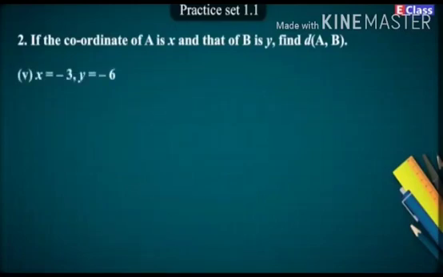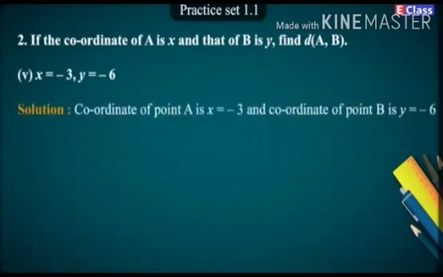5. x is equal to minus 3, y is equal to minus 6. Solution. Coordinate of point A, x, is equal to minus 3 and coordinate of point B, y, is equal to minus 6.